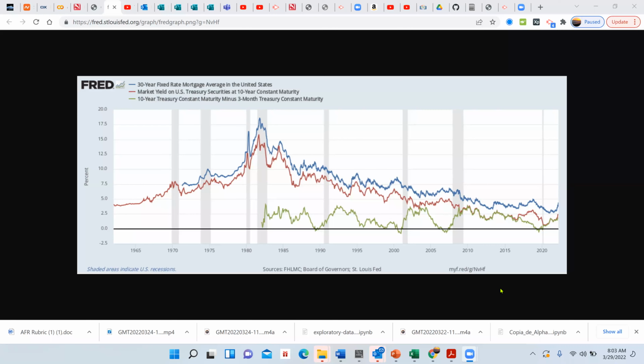First off, look, it's mostly positive, right? Which means that indeed the 10-year rate, most of the time, is greater than the 3-month. That's not always positive. Do you see the points where it's negative? What do you notice about the points where it's negative? Well, the bottom of the second, 2008.